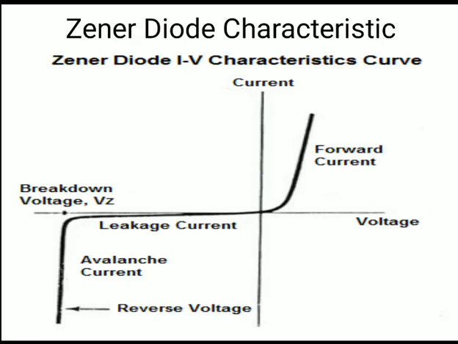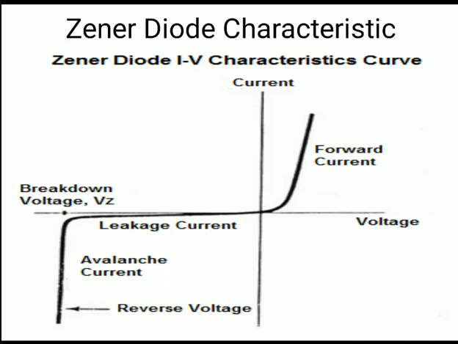So these are the Zener diode characteristics. In the forward bias you can see it is the same as a PN junction diode, but in the reverse bias you can see a sharp breakdown. Why is it a sharp breakdown? Because it is heavily doped, and because of that the depletion region is very thin, so the breakdown is very sharp.